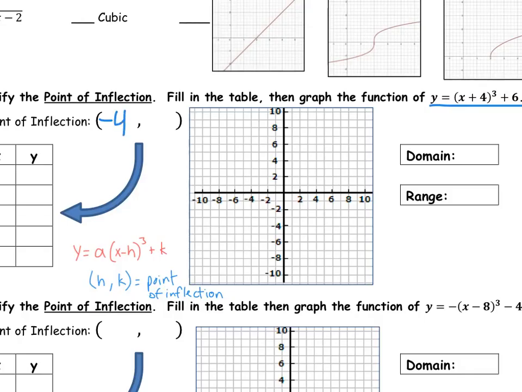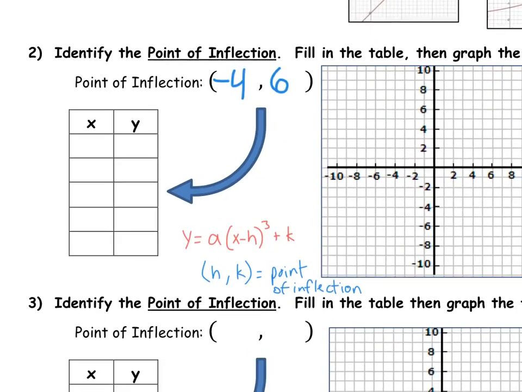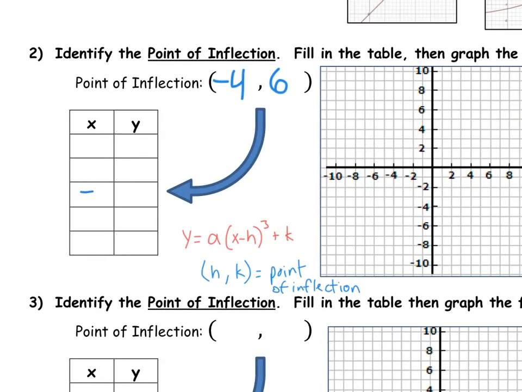And then for k, that stays the same. It's not opposite. So negative 4, 6. That is our point of inflection, and that is the point we're going to want at the center of our table. And from there we can build other values off of that. So we'll go a little bit more negative, and we'll go a little bit less negative.